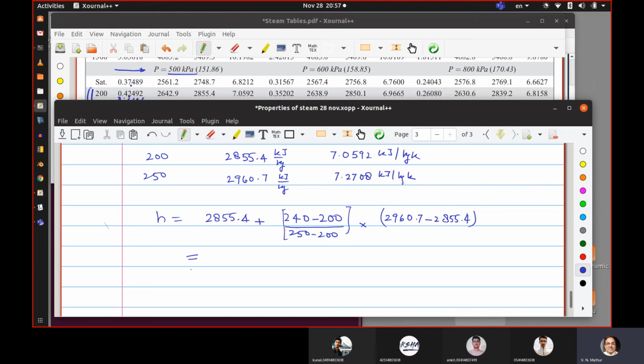If you quickly solve this, it is 240 minus 200, 4 by 5. This is 4 by 5 of this difference, 0.8 of this difference, 0.8 multiplied by 2960.7 minus 2855.4.